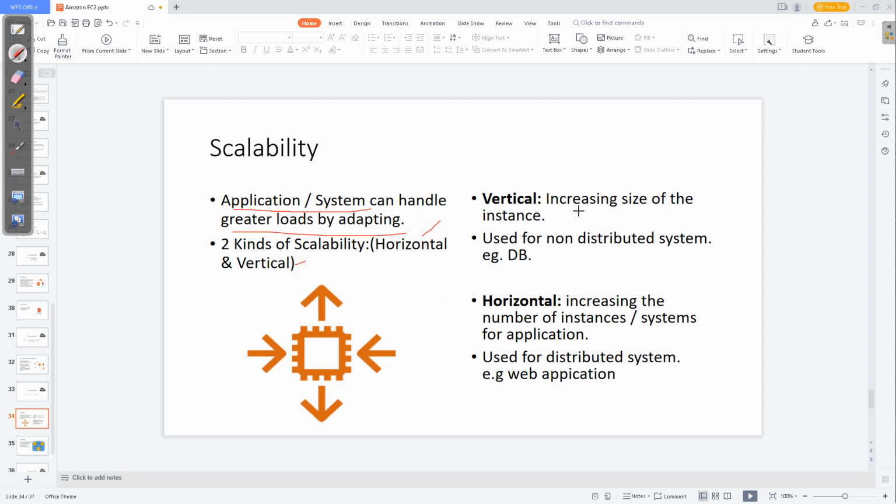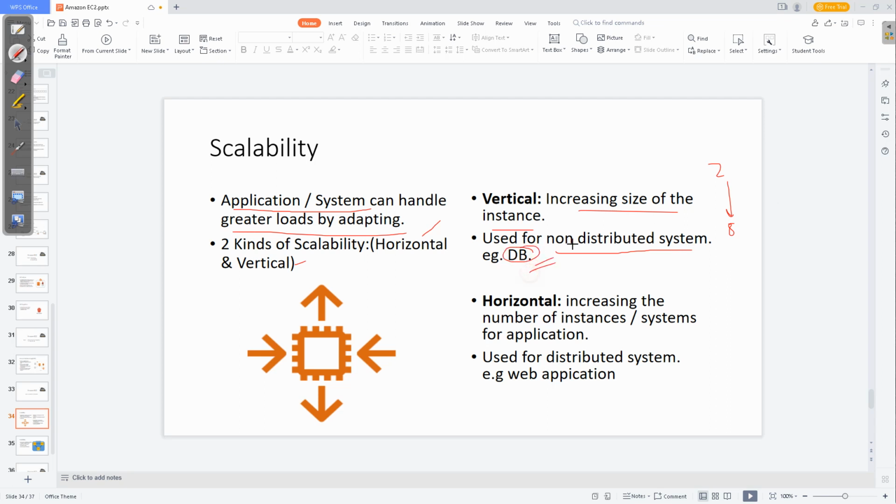For vertical, we increase the size of the instance, which means from 2 GB we move to 8 GB. Vertical scaling is only for non-distributed systems. A common example of a non-distributed system is a database.